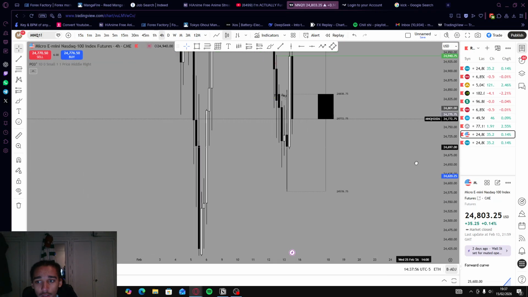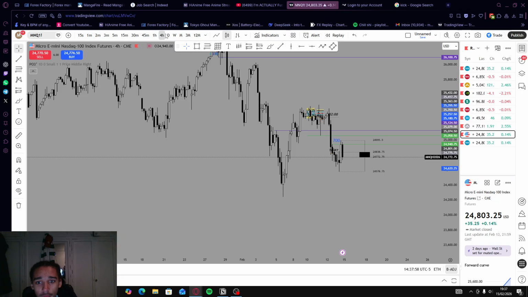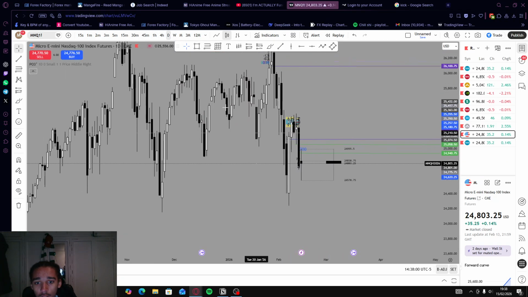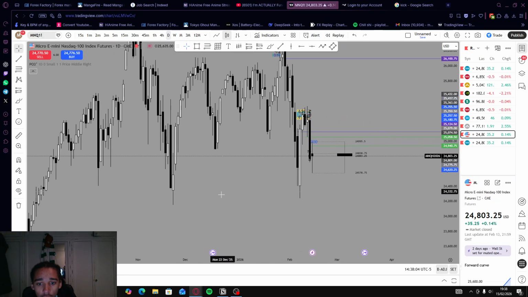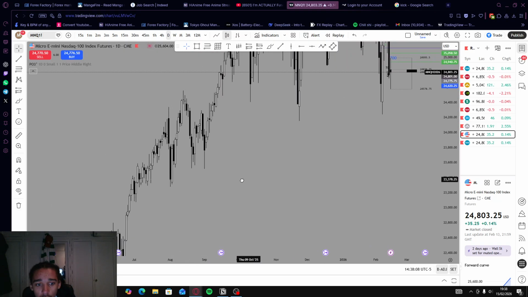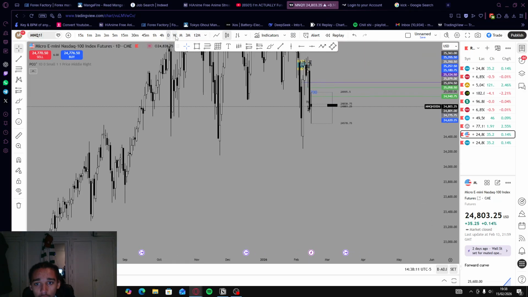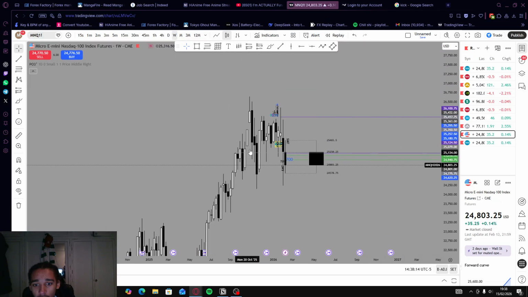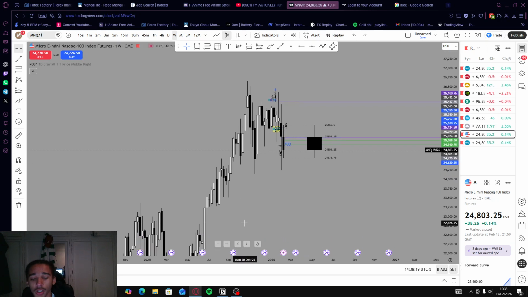Just look at the higher time frames, you know. We got the thing out of the accumulation. Looking at this draw here, these relative equal lows, this liquidity here. On the weekly, we're definitely going down next week. There's no way. I thought we'd push lower and possibly take out this, but nah.